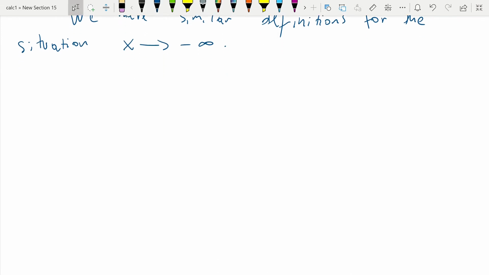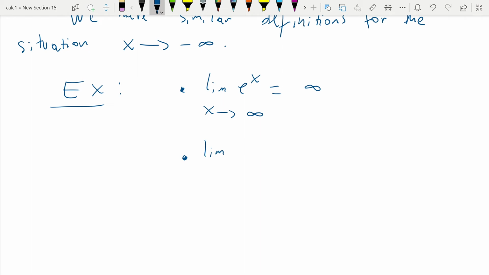Okay, now one example here is, say, the limit of e to the x as x approaches infinity does not exist, and in fact this is equal to plus infinity, while the limit of e to the x as x approaches minus infinity exists as it's equal to 0.